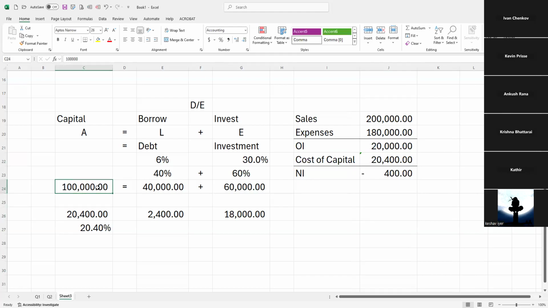So you're not only not generating a return on the 100,000, you cannot pay the cost of the 100,000 that you have, and on top of that, you have to go to your pocket and pay $400. Because if those people tell you, okay, you didn't pay me the interest that I wanted, I want my money back. Do you have $100,000?